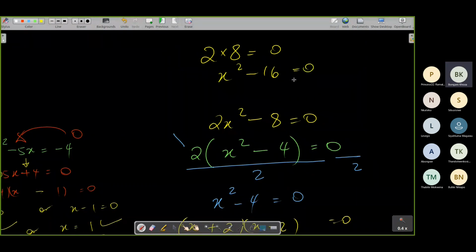Okay, and then we find factors of 16. It's plus 4 and minus 4.